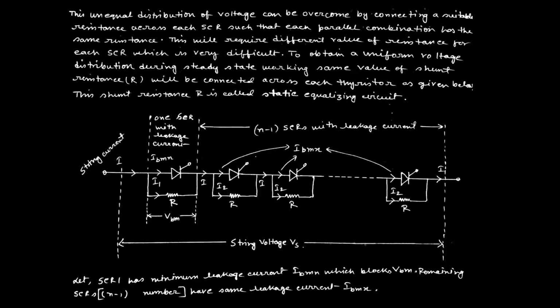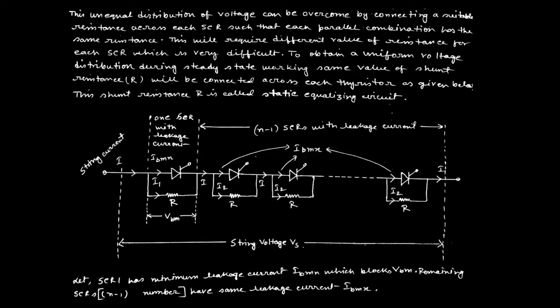This will require a different value of resistance for each SCR, which is very difficult to identify. So, to obtain a uniform voltage distribution during steady state working, the same value of shunt resistance will be connected across each SCR as given below, and this is why we can design the particular resistance value.